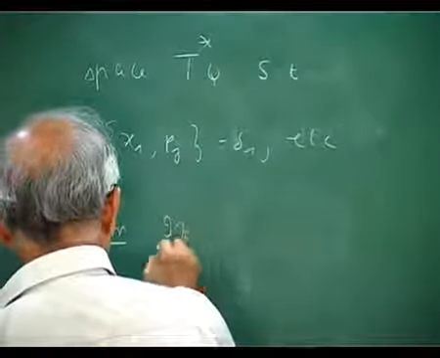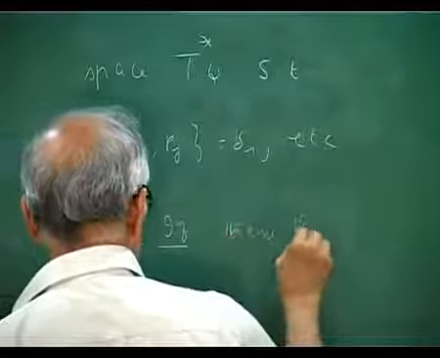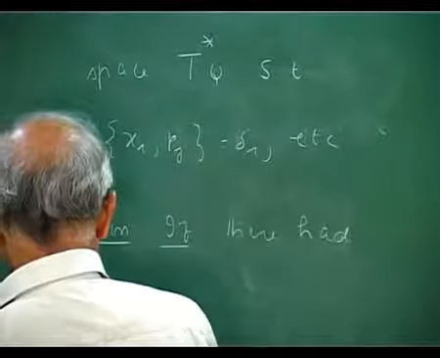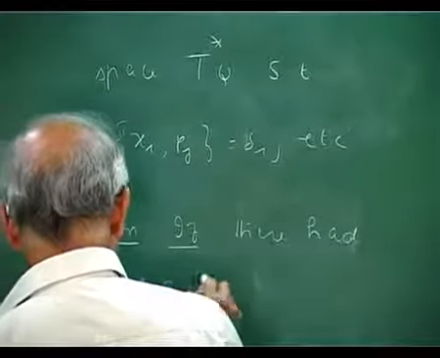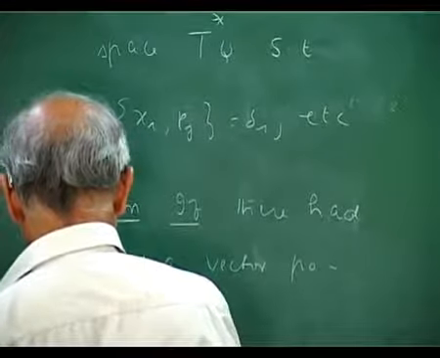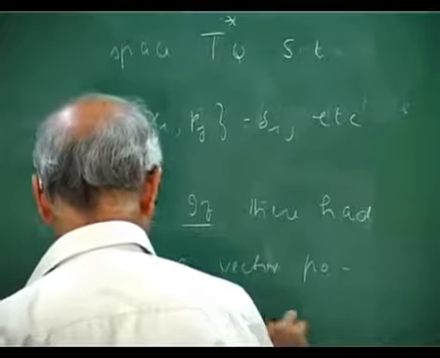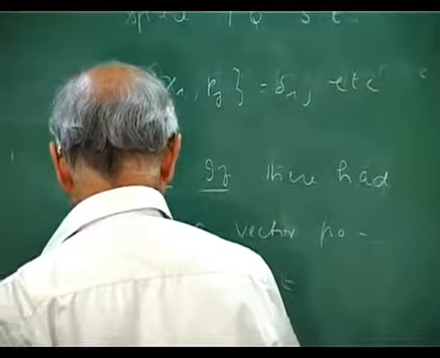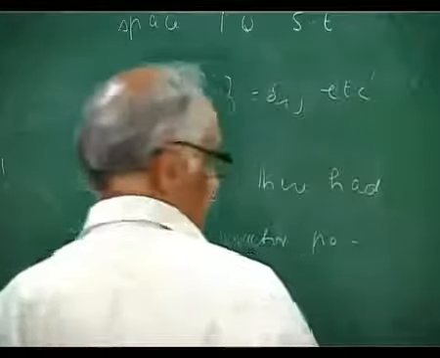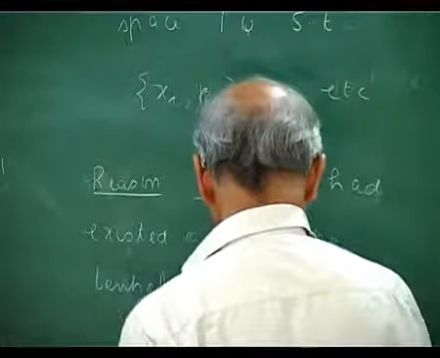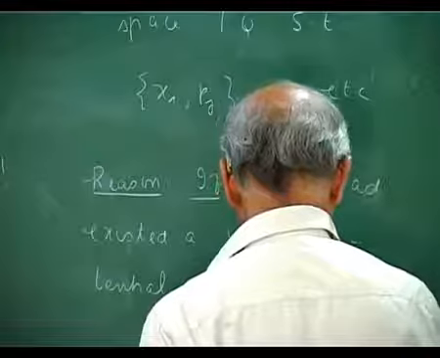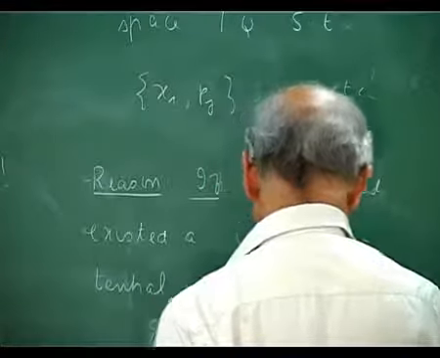If there had existed a vector potential A such that the curl, epsilon ijk dj Ak, is my magnetic field, which let me call G, my magnetic field, epsilon ijk xj xk dot over R cube, I am not sure of my signs.